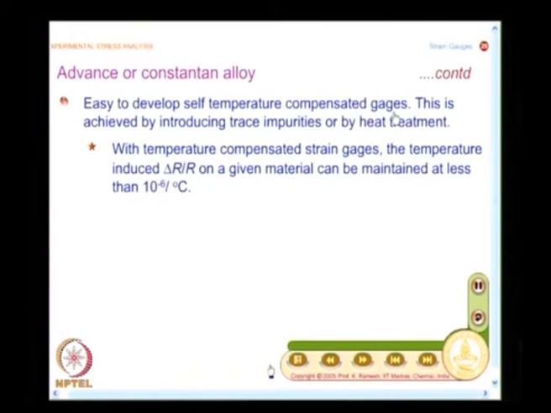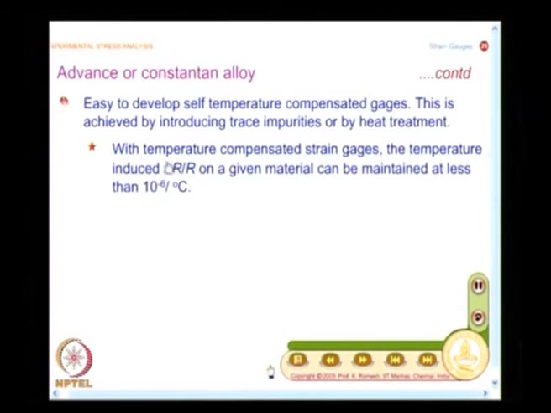For the time being, you note down that you can make self temperature compensated gauges. Once we discuss thermal influence, we will look at the meaning of temperature compensation and what is self temperature compensation. We will look at those details later. Right now, you find that advance or constantan is good for making self temperature compensated gauges.